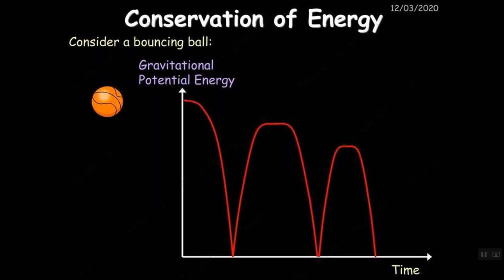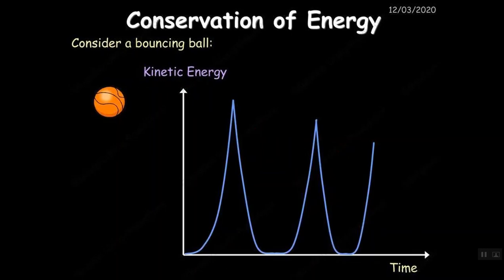Okay, so if we compare the kinetic energy at the highest point, when I've dropped the ball, it's got 0 kinetic energy. Just before it bounces, the kinetic energy is the highest. And then as it bounces, the kinetic energy decreases again up to the highest point where there's 0 speed, and then it falls again, giving more kinetic energy.